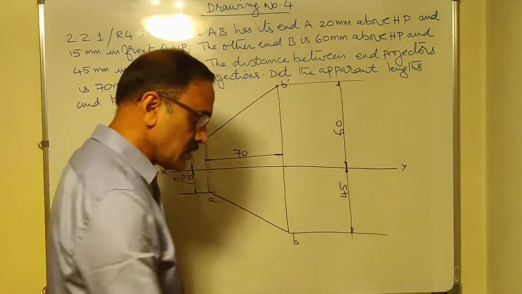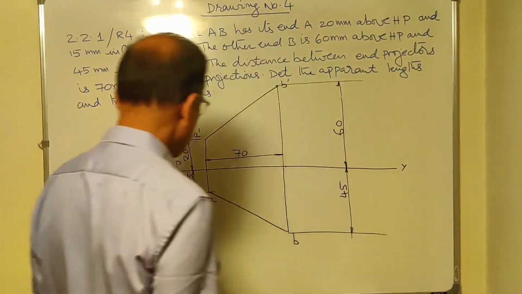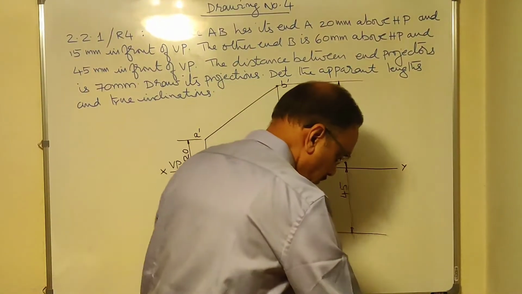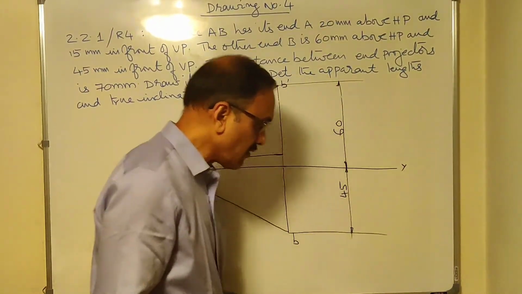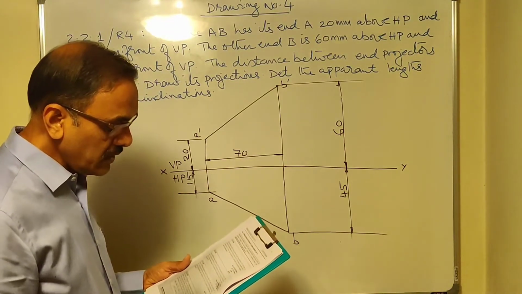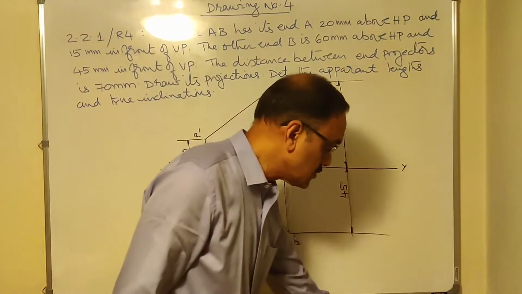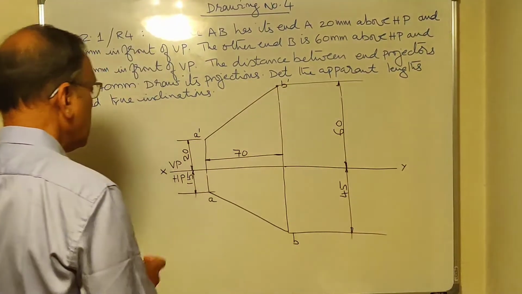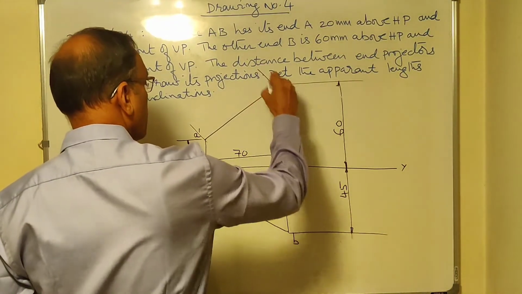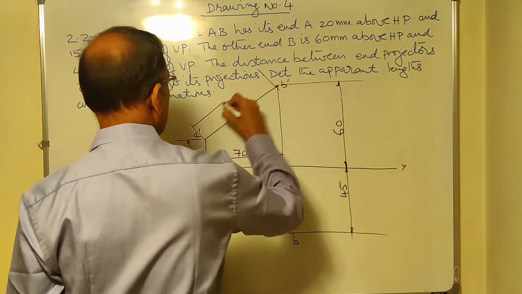Since you are asked to measure them, you can measure them and write by dimension. Now, when you use your software and draw these lines, A dash B dash should come to 80.62. So I am just marking here for your reference so that when you practice in the lab, you will know that it has to be 80.62.